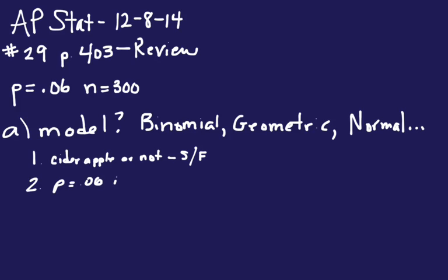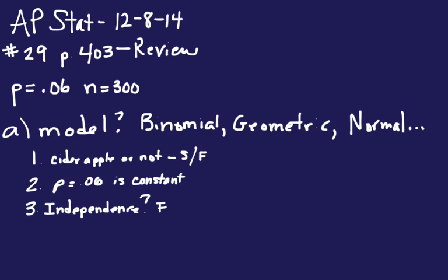It's satisfied. It tells us that the probability of being an apple for cider is 0.06. It's about 6%, and that remains constant. The third thing we look for is independence.